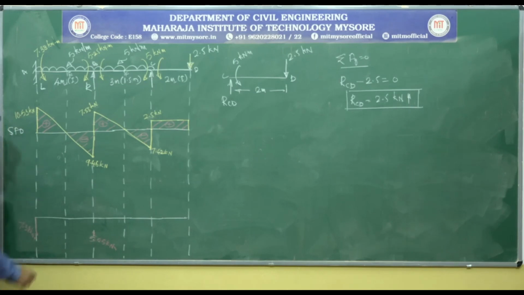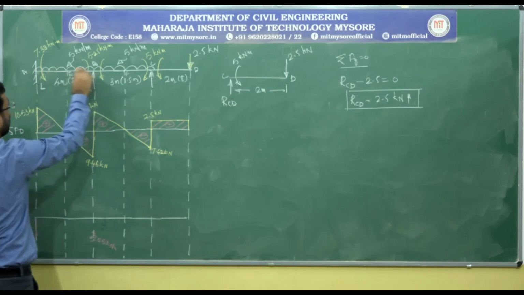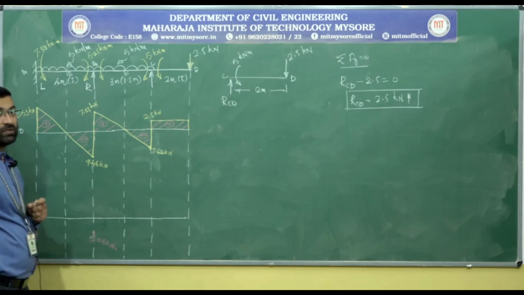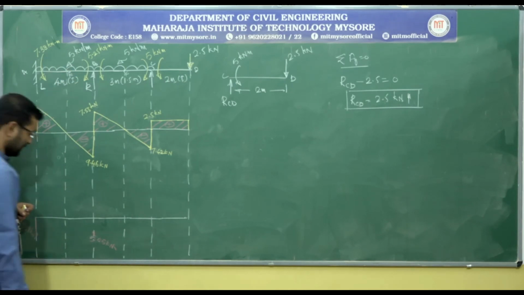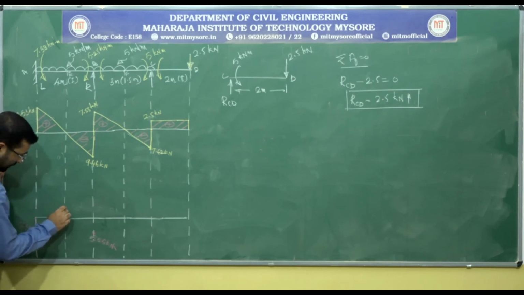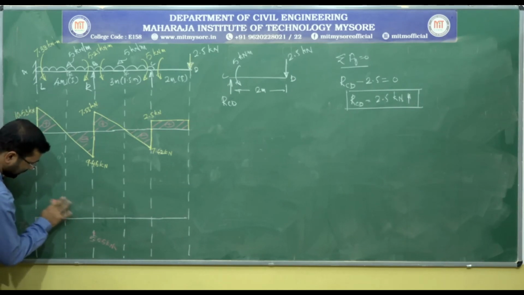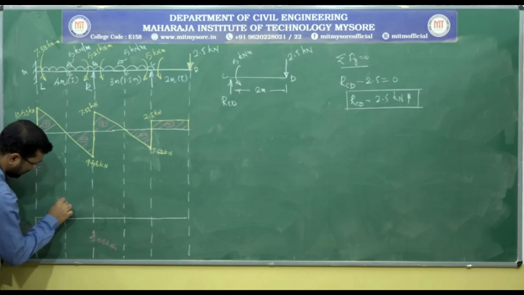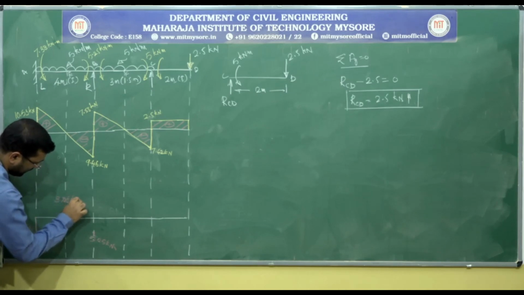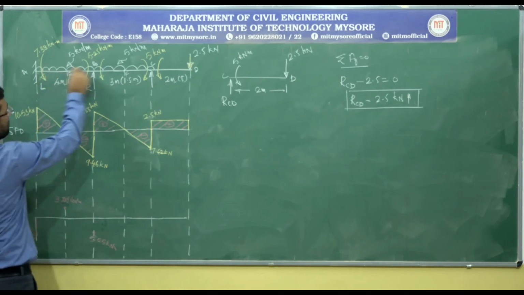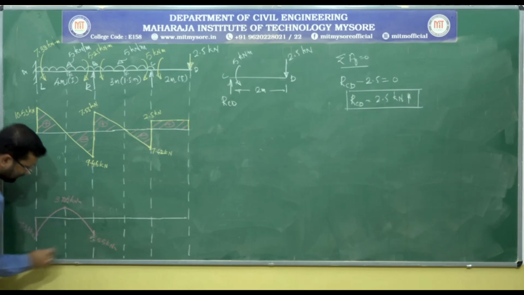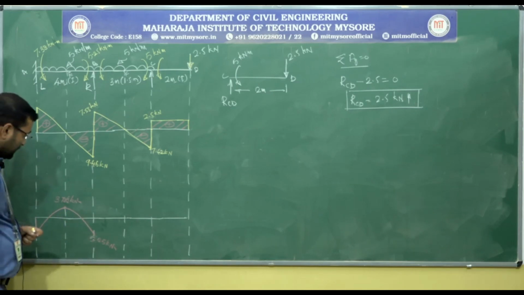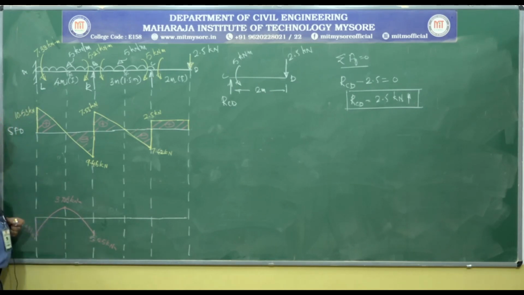But in the span at E point we have a positive bending moment, that is about 3.708 kilonewton meter, which I am going to mention somewhere here. Because of the UDL, the variation in the bending moment diagram will be parabolic in nature. This is about the span AB.